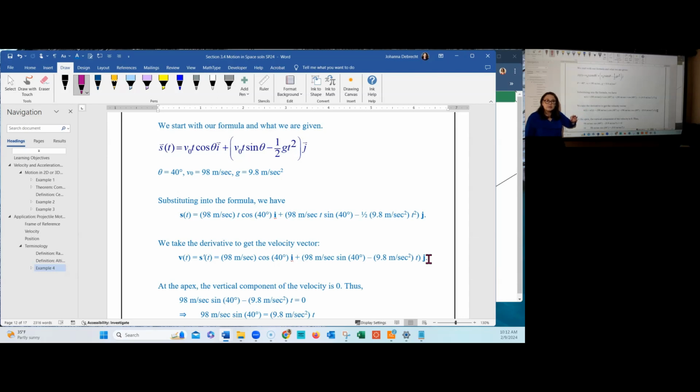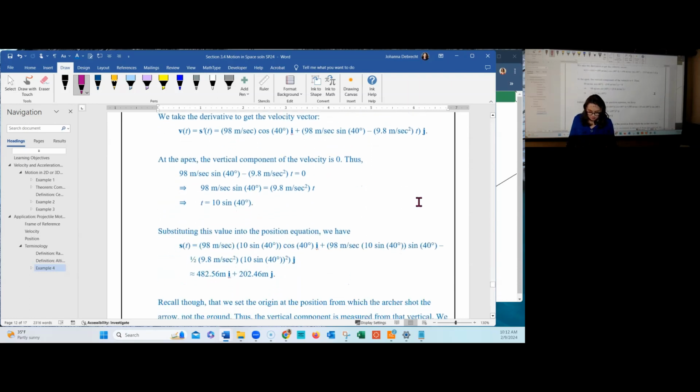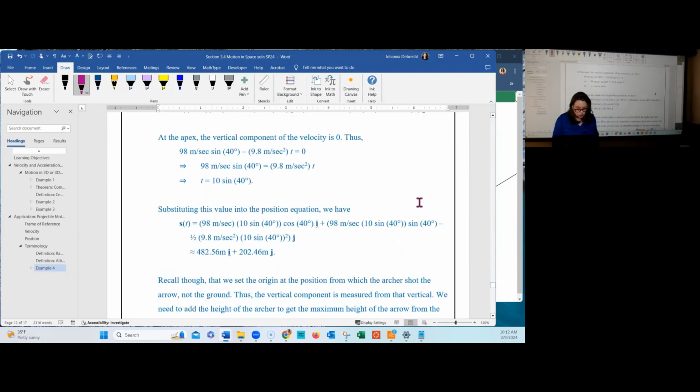The y component of the velocity is 0. So when we take the derivative and plug all of this in, we can take the vertical component of the velocity, the part in the j hat direction, and set it equal to 0. It's neither moving up nor moving down. And when we solve for time, it's at 10 times the sine of 40 degrees seconds. That's when it reaches that maximum height.